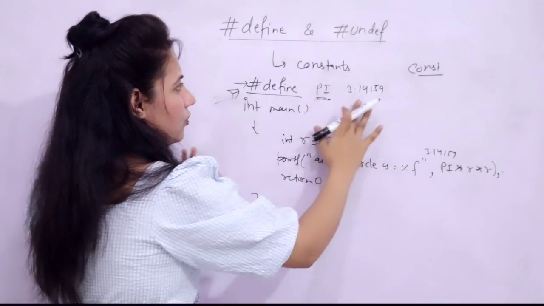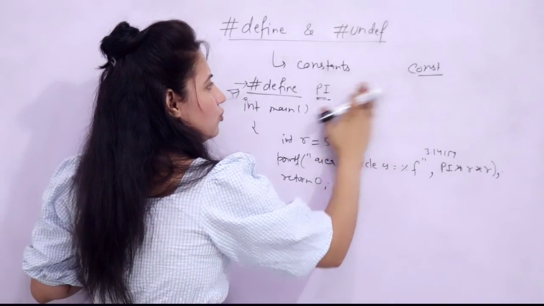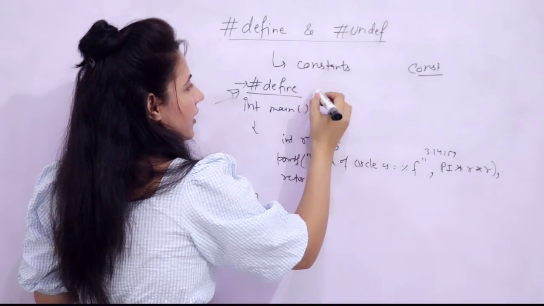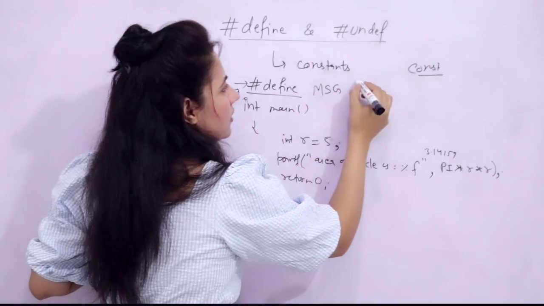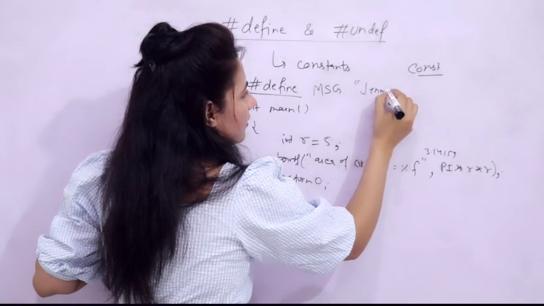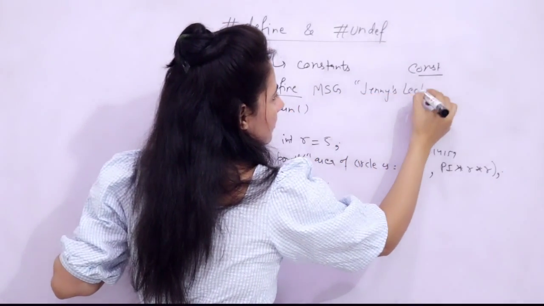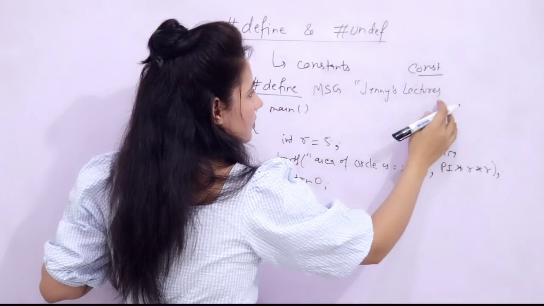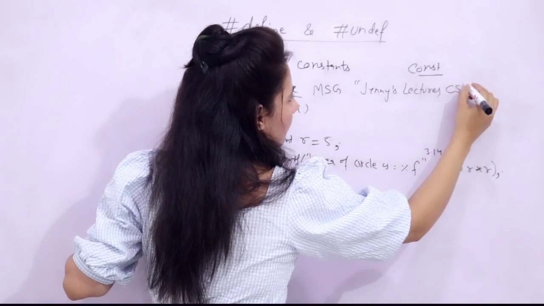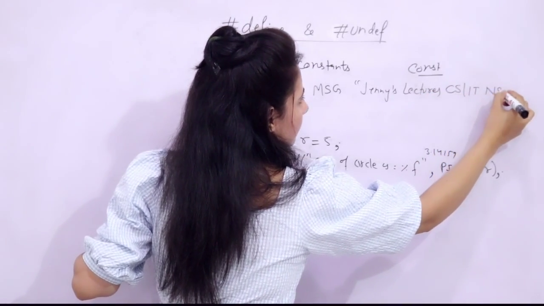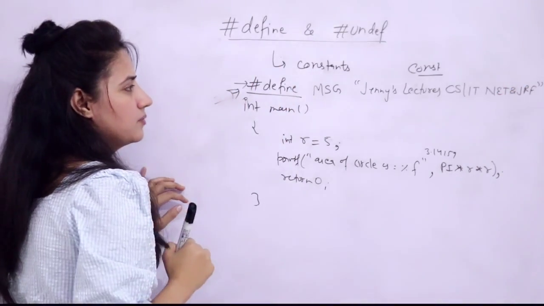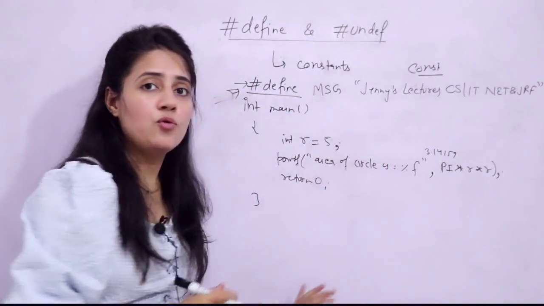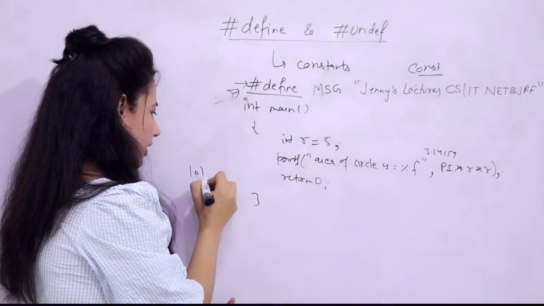Now suppose I want to print a message. I define a macro name MSG, with the message Jenny's lectures, the complete name of my channel, CSIT net and JRF. Suppose I want to print this message 10 times in my program.